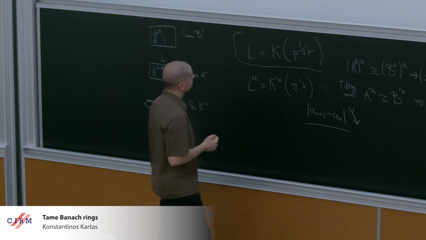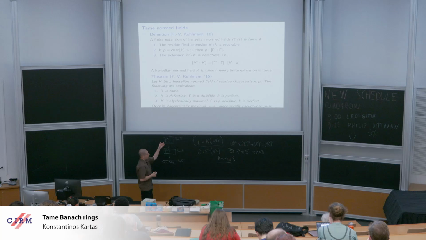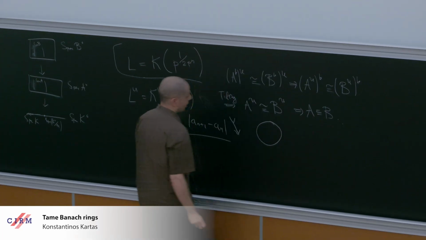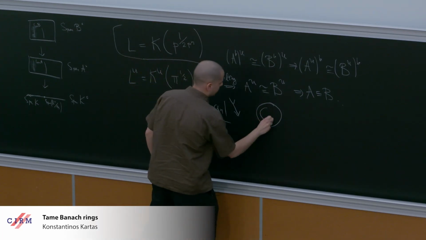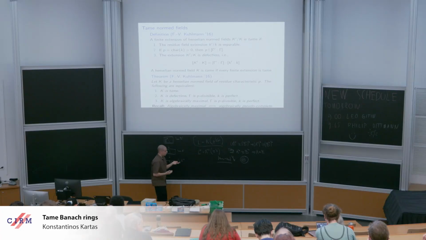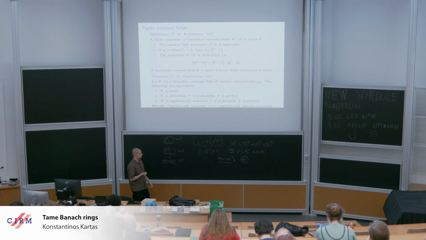And a field is pseudo-complete if every pseudo-Cauchy sequence has a pseudo-limit, which can be thought of in terms of decreasing sequences of balls. So this equivalently says that every decreasing chain of balls has a point in the intersection.